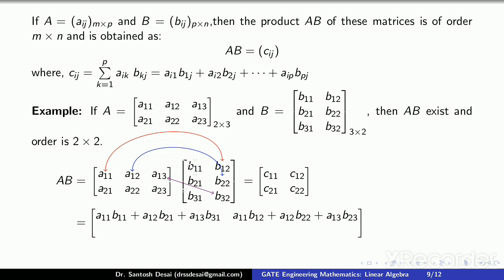Now for C21, consider the second row of matrix A and the first column of matrix B, and multiply corresponding elements and add all the multiplications.